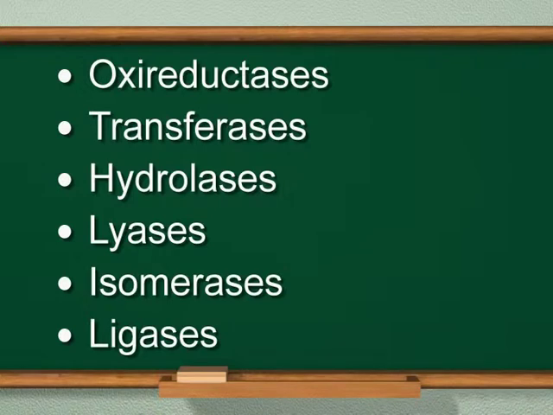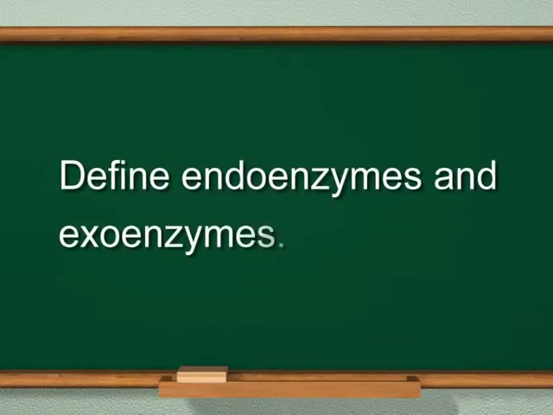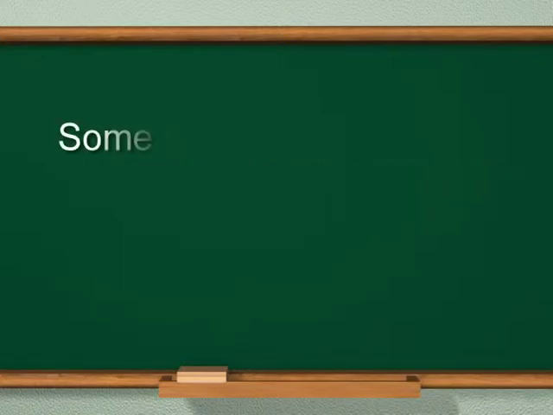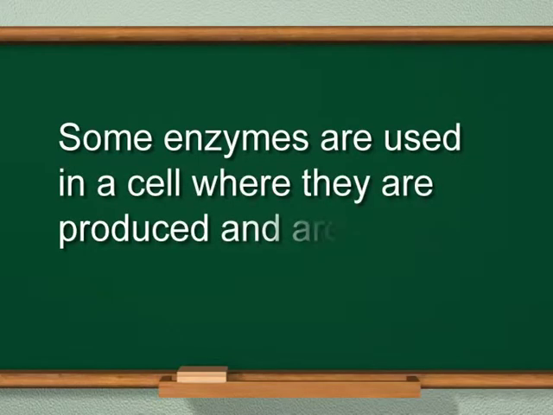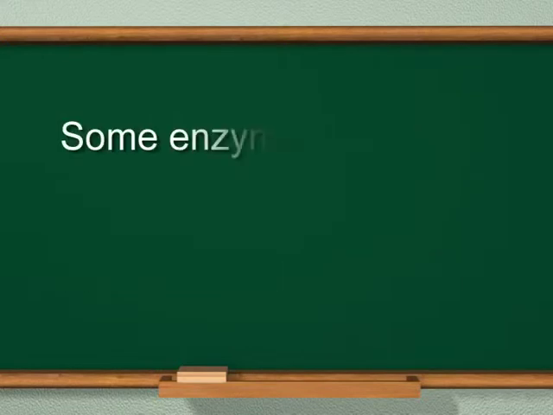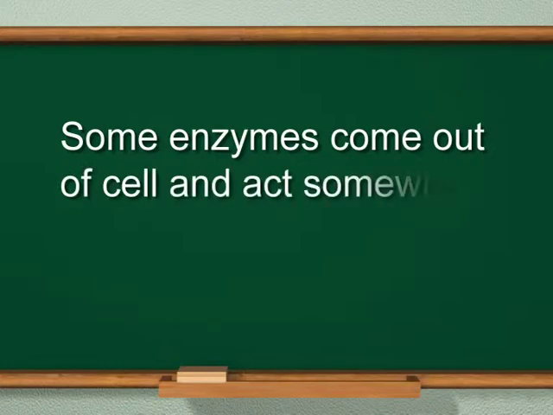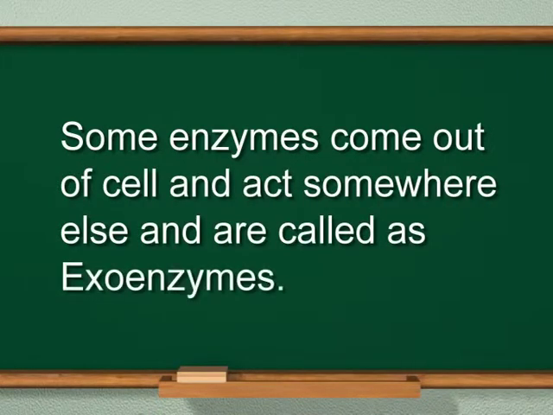My next question is, define endoenzymes and exoenzymes. The answer is, some enzymes are used in a cell where they are produced and are called as endoenzymes. But some enzymes come out of cell and act somewhere else and are called as exoenzymes.